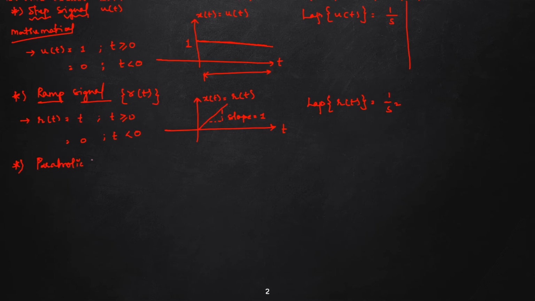The next signal we have is the parabolic signal. We won't use this signal much in testing a system, because the system response gets complicated.